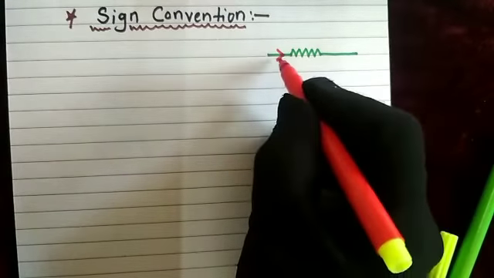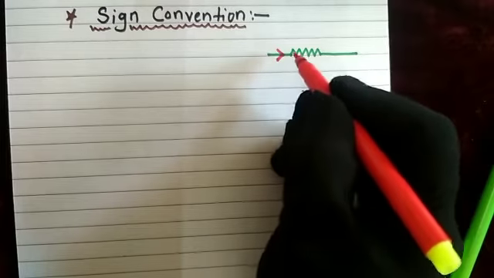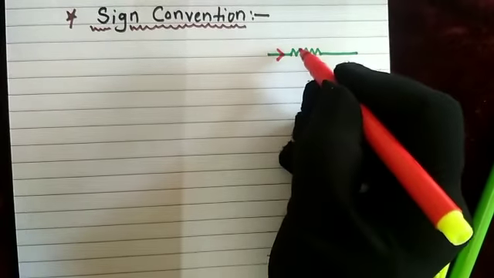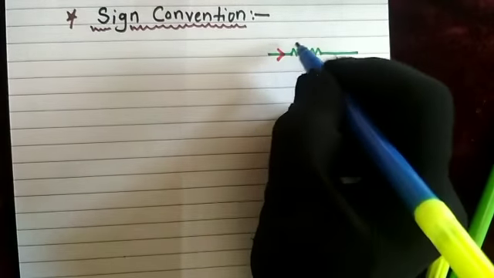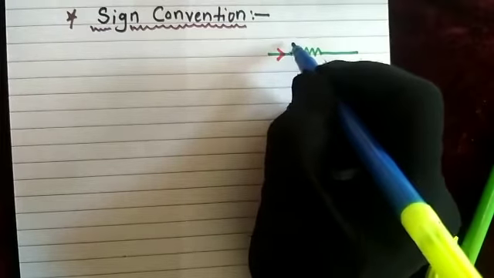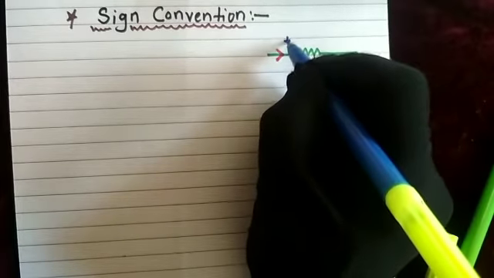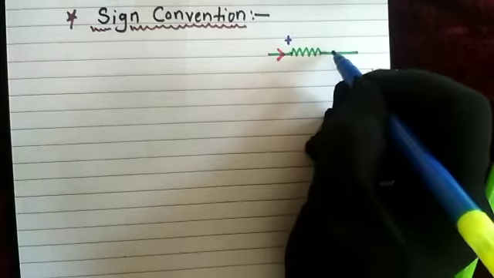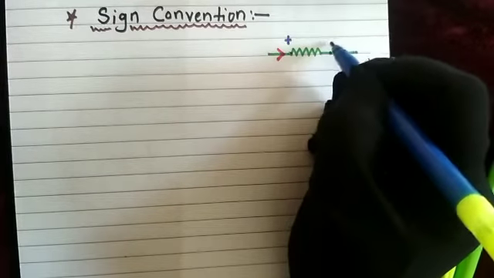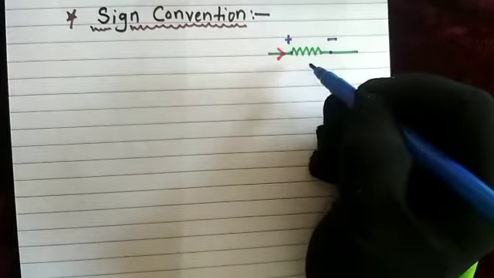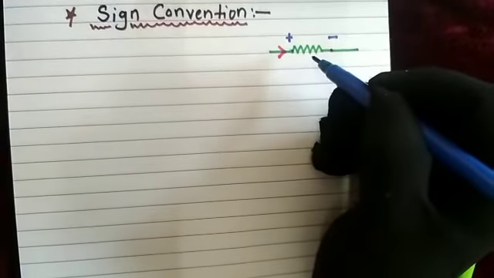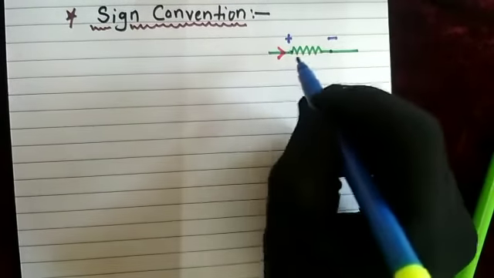If this is the direction of the current, then this terminal of the resistor will become positive, and this terminal of the resistance will become negative. The resistance gets polarity because of the direction of the current.